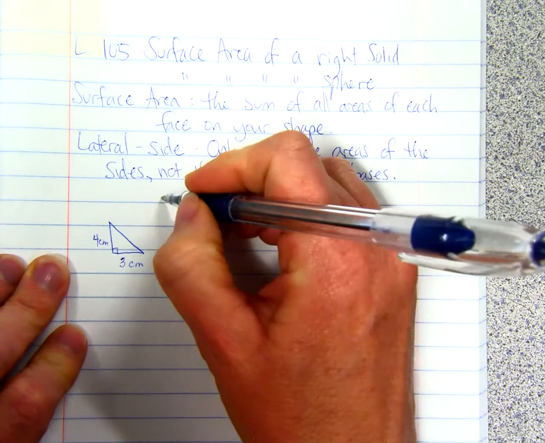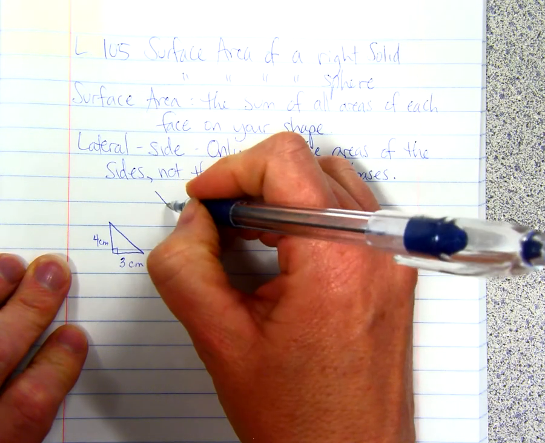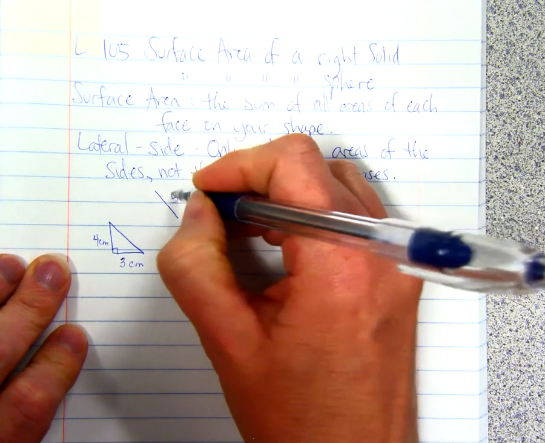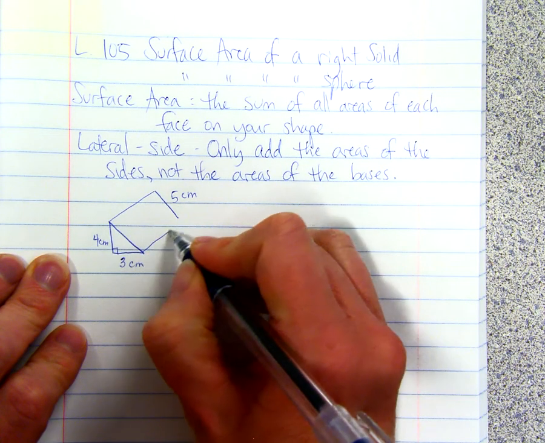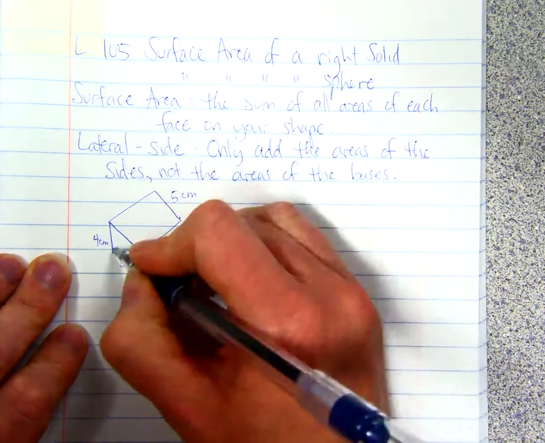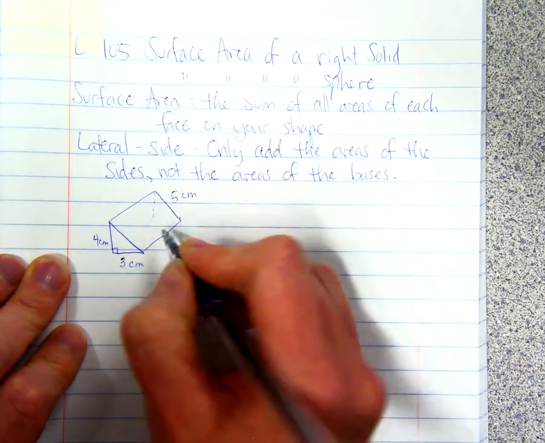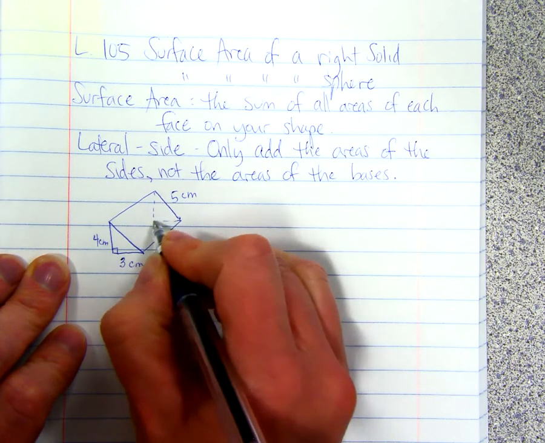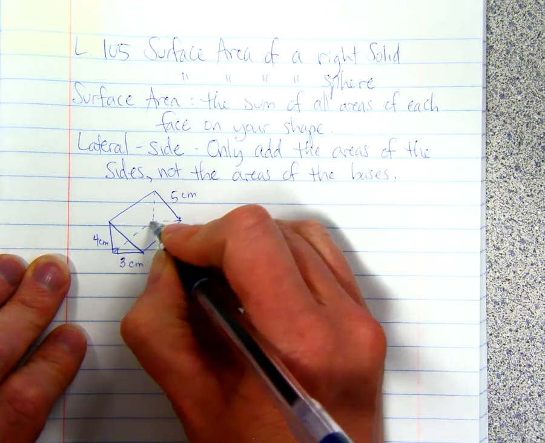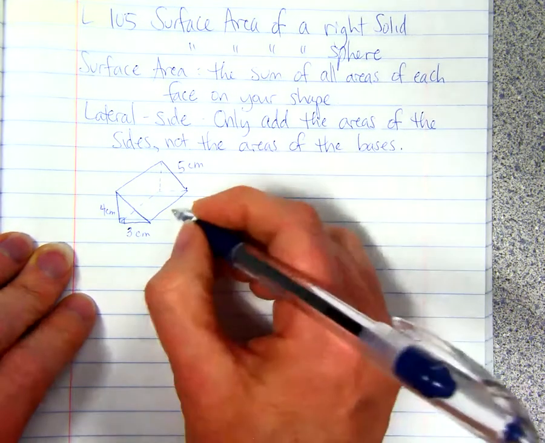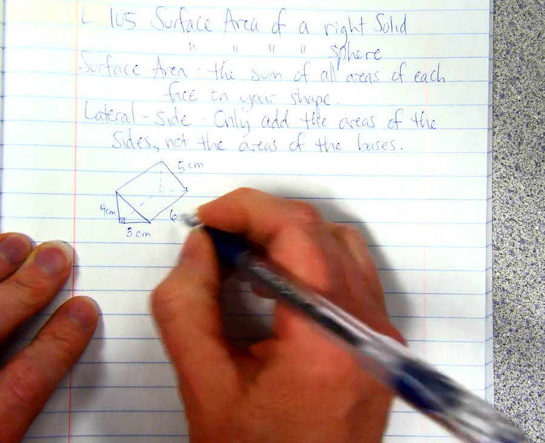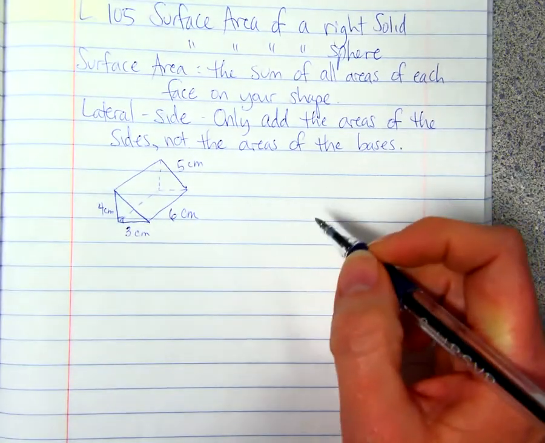So we draw this parallel, we'll make it 5 centimeters, there we go. Okay, and then the distance between the bases is 6 centimeters.